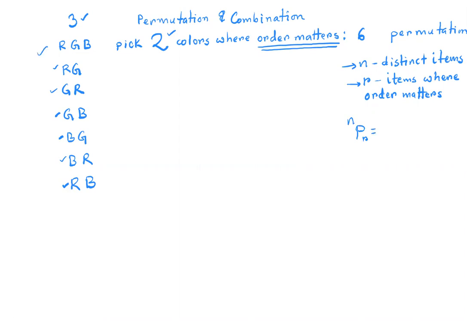There is a way to derive it, and if you spend sufficient time playing around with 4 or 5 or 6, you will see that permutation of r items from n distinct items is nothing but n factorial divided by n minus r factorial. That's what it is.